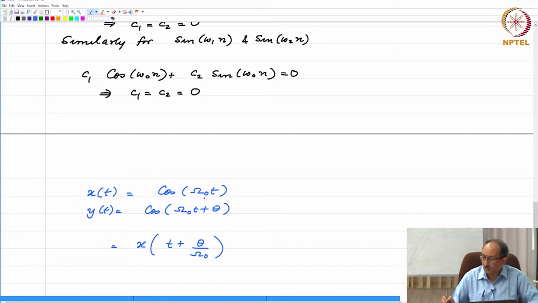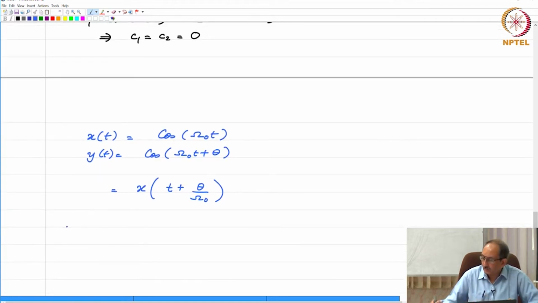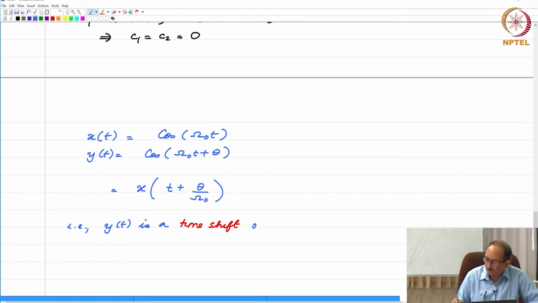Wherever t is there, if you replace t by t plus theta by omega naught, you will get this. So what is the implication of this? Y of t is a time shift of x of t. All right.